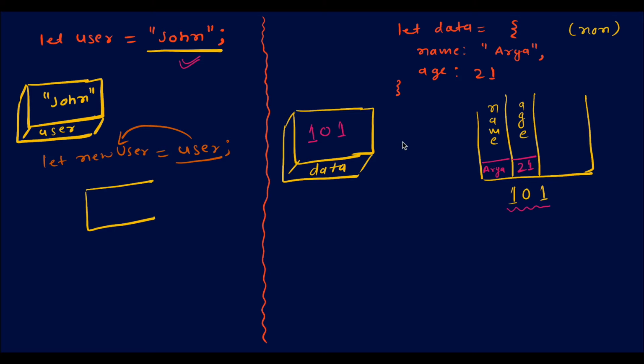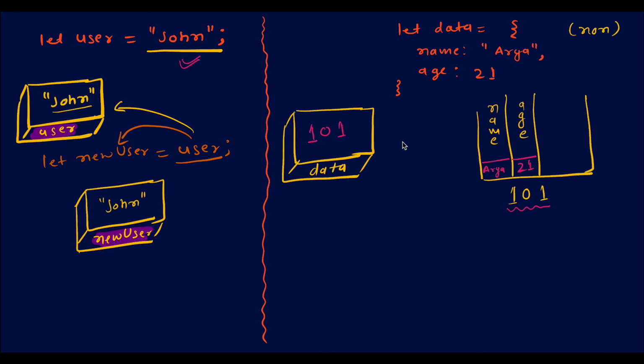So new user will be a new box, and this box will have a name of new user, and the value of this box will be the value inside the user box. I'll go inside the user box, look for the value inside that, and what I will find here is the value John. So John will be copied inside another variable named new user. So in the variable user, the value is John, and in new user, the value is John.